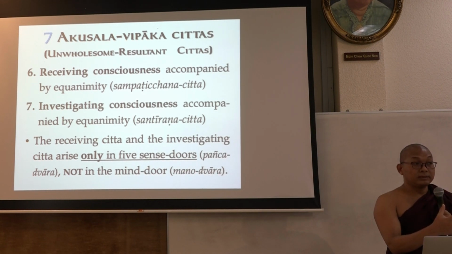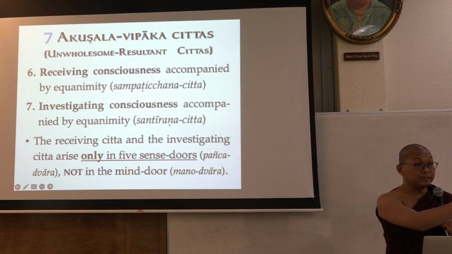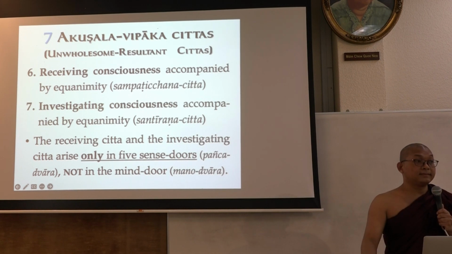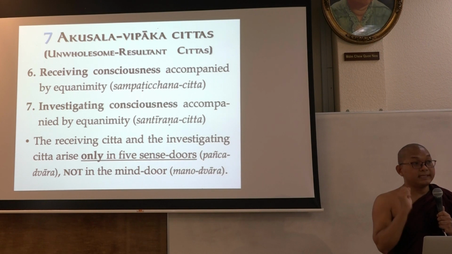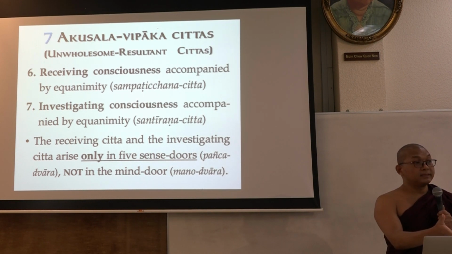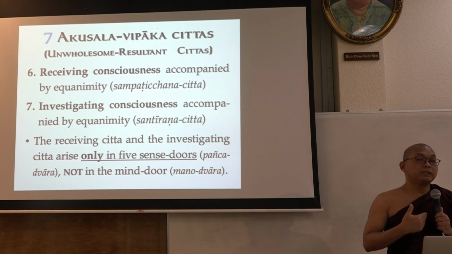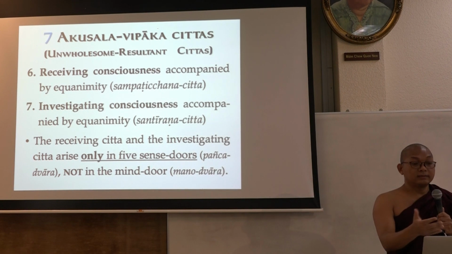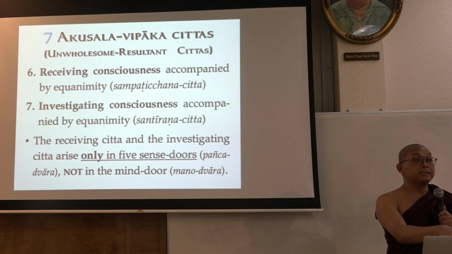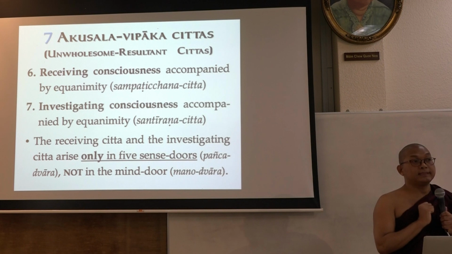That body consciousness arises because of the akusala karma that you have done to the person. So therefore, the 12 akusalas are related to this. After doing an unwholesome deed with the 12 akusala chetas, you will have these 7 resultant consciousnesses.